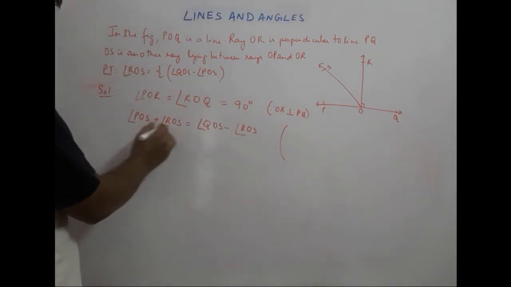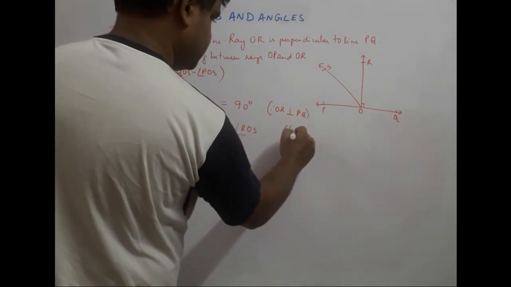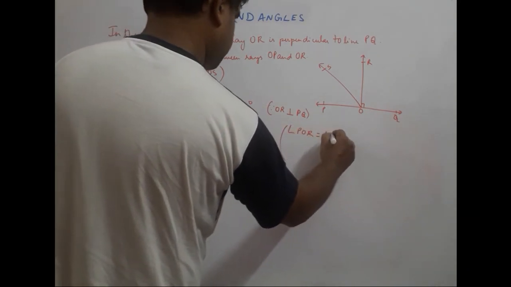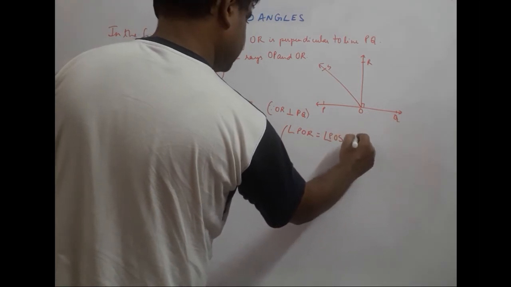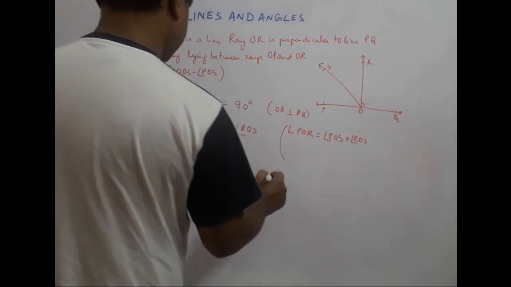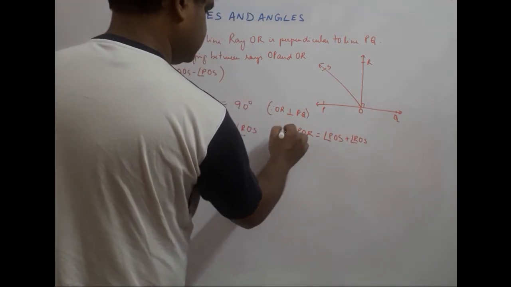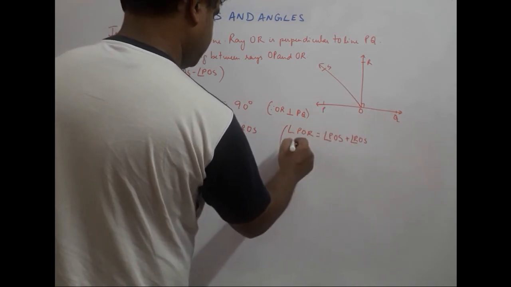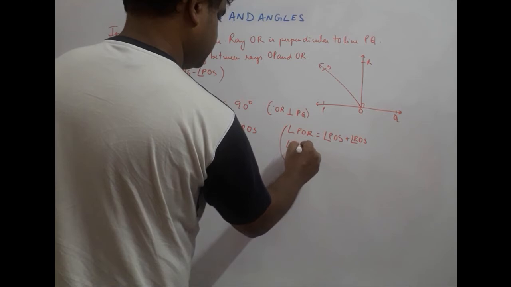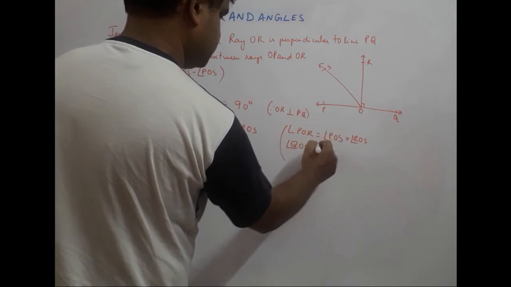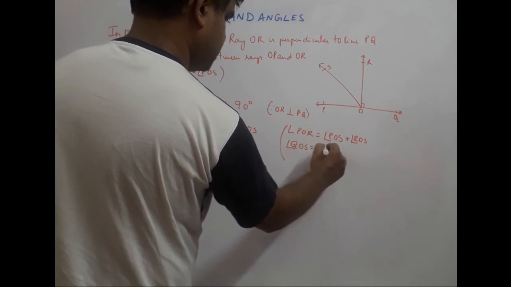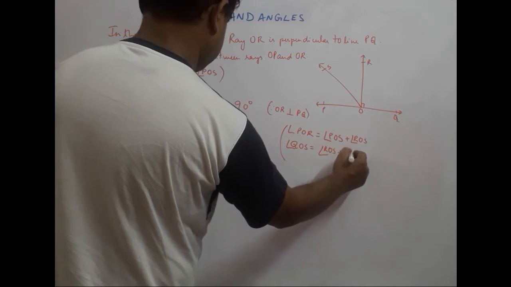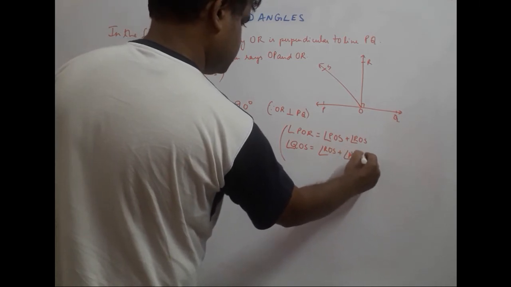First, the reason for this, that is angle POR is equal to angle POS plus angle ROS and angle QOS is equal to angle ROS plus angle ROQ.